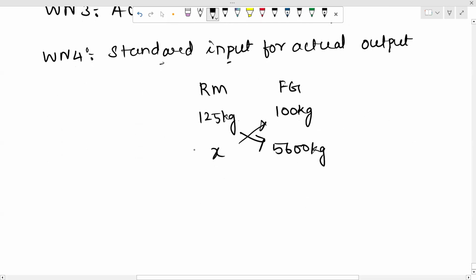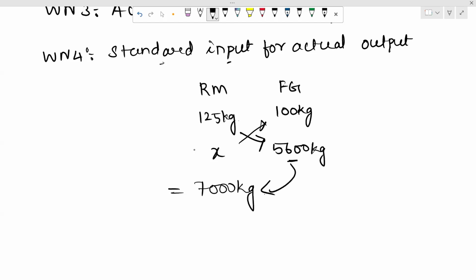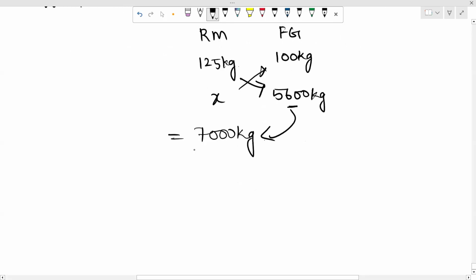So 5600 into 125 divided by 100, we get 7000 kg. So the 7000 kg is nothing but the standard input for actual output, which means in order to produce 5600 kg of finished goods, we should have used 7000 kg of raw material. But did we actually use 7000 kg of raw material? That we don't know.